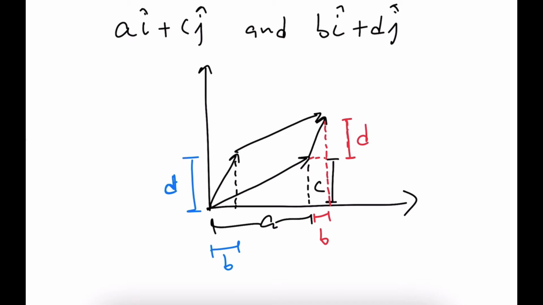And on top of that, what we'll have is for the above vector, the horizontal length will be A, this, and the vertical will be C.